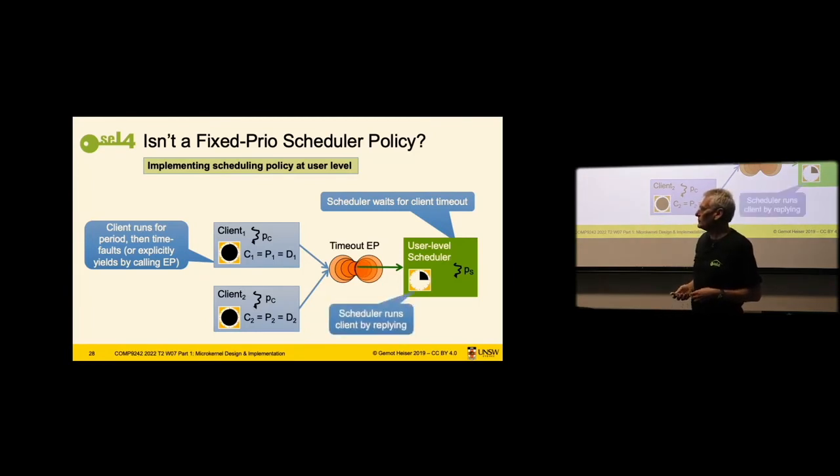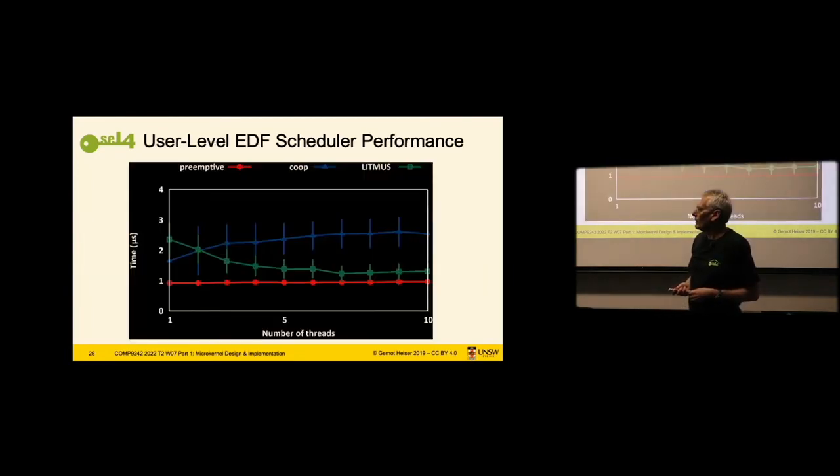And Anna did an evaluation here, comparing it to a real-time version of Linux. This is the Litmus kernel, which has been done by Björn Brandenburg. That's basically a test bed for all sorts of real-time work, and in particular it contains an EDF scheduler inside the kernel.